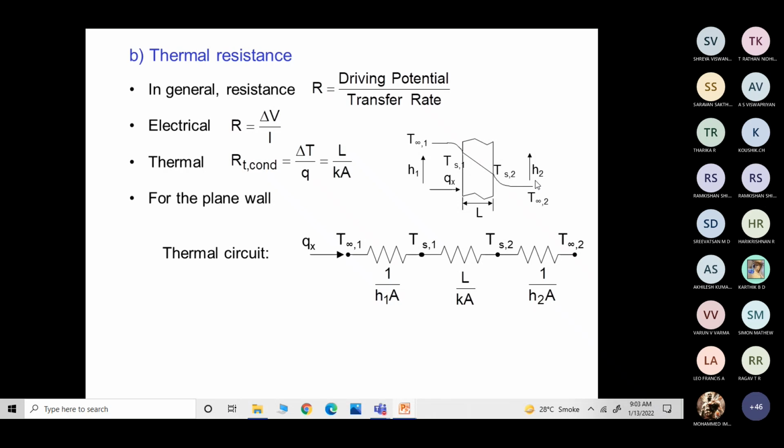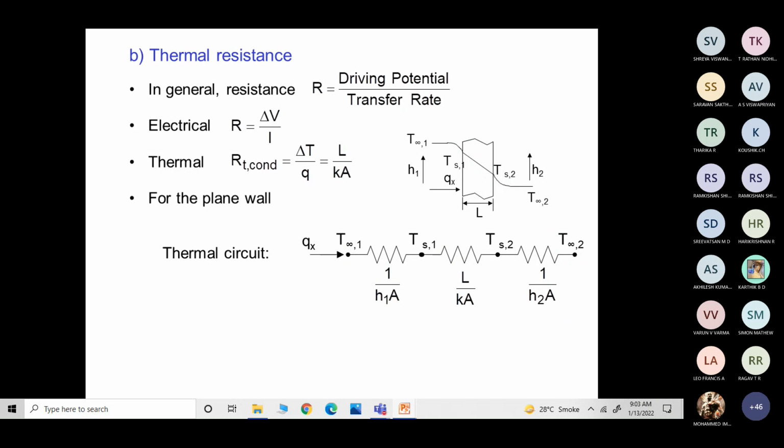In this type you will have a combination of conductive resistance as well as convective resistance. Can you tell me which one is convective and which one is conductive here? Anyone? The central one is conductive, sir. The remaining two, the inner fluid and outer fluid, are convective.